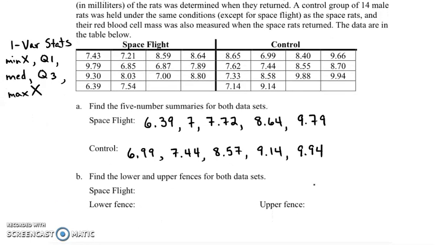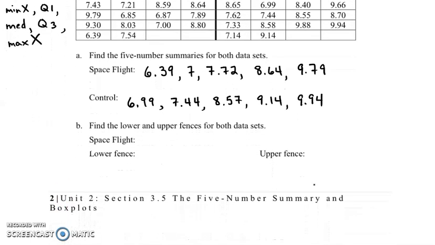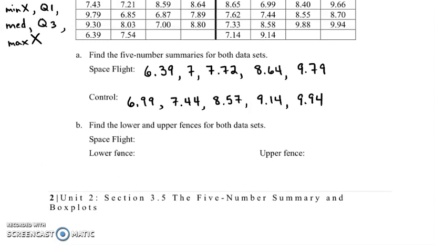So let's use that information to find the lower and upper fences for both data sets. So for space flight, first we need to find the interquartile range, which remember is Q3 minus Q1. So that is 8.64 minus 7, which gives us 1.64.